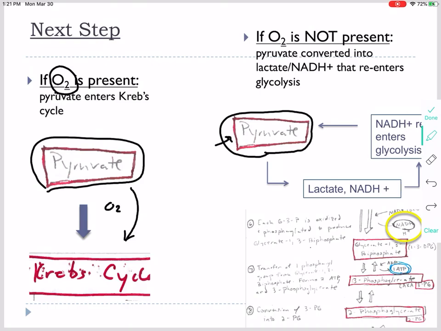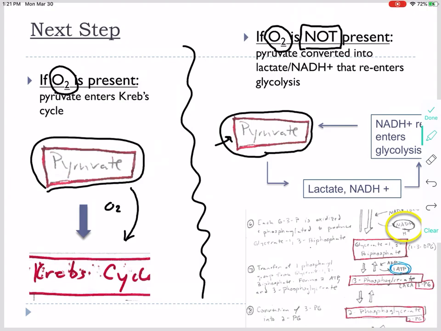So what if we finished glycolysis and we have pyruvate, but we don't yet have oxygen? I'm just pointing out that that's not the end of the world. We're not going to die. I'm not going to ask you this on the exam. So all you have to know is that in order for us to move from glycolysis into the Krebs cycle, we need oxygen. That's all I'm asking you to know.